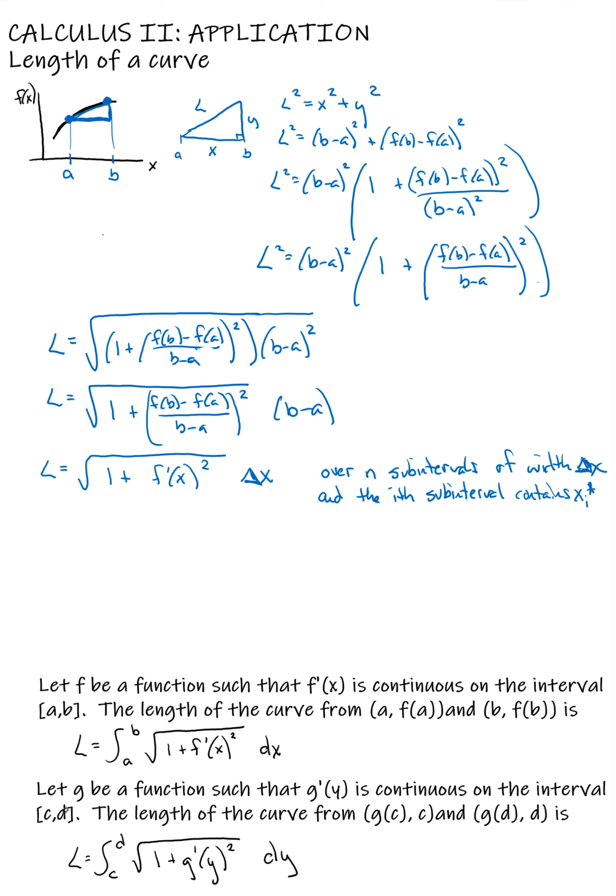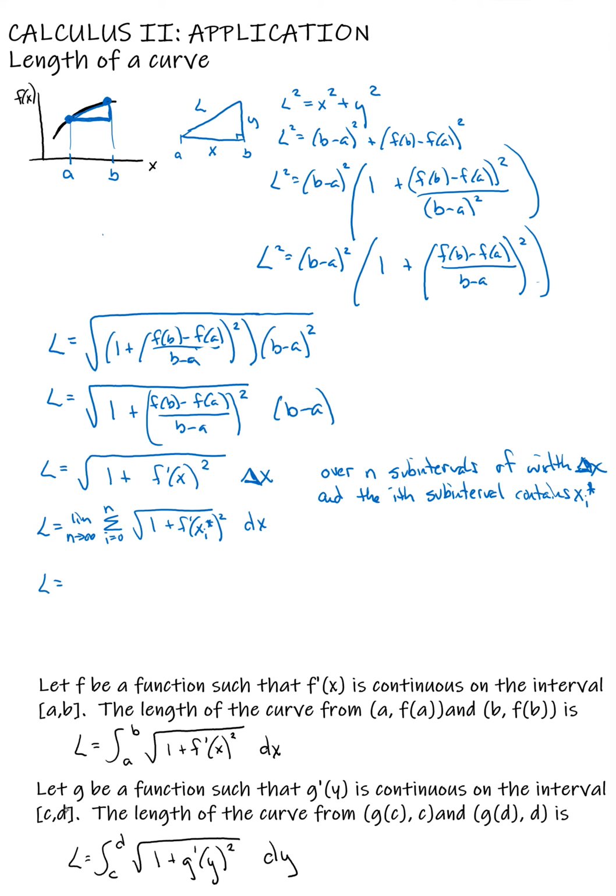Again, that's really a concept that you would have seen back in Calculus 1 when determining the definition of the derivative, which means I could rewrite this now as the limit as n goes to infinity of the sum, i goes from 0 to n, of this whole mess, but now I'm looking at x sub i star, and delta x becomes dx. And of course, this is our Riemann sum.